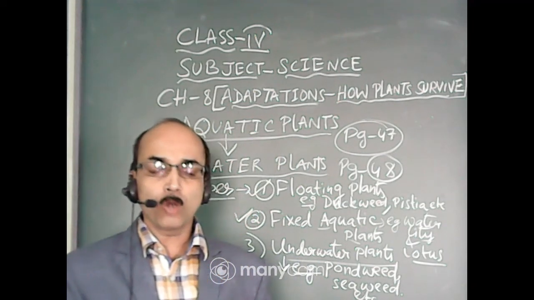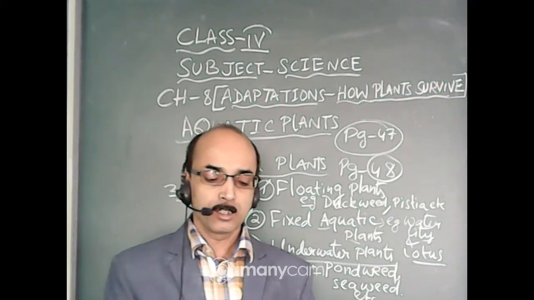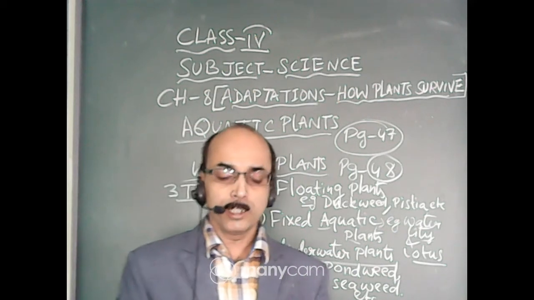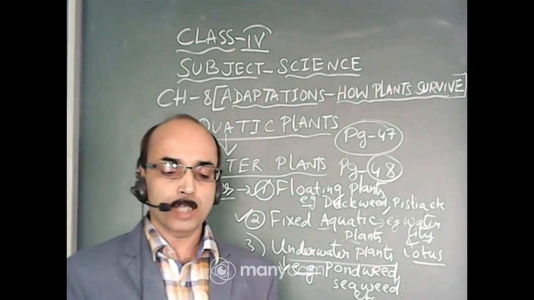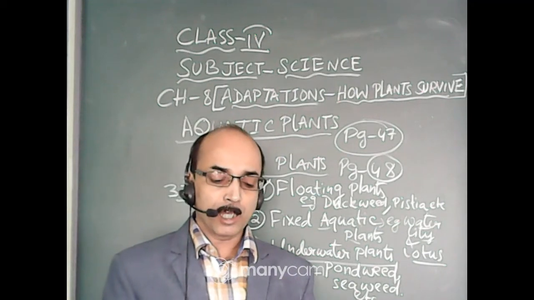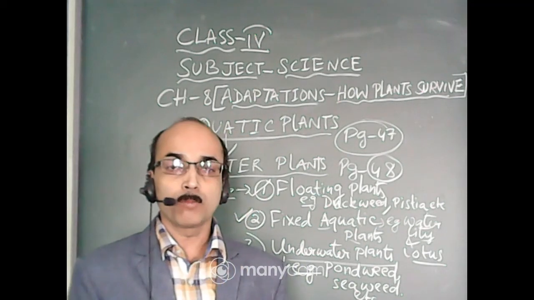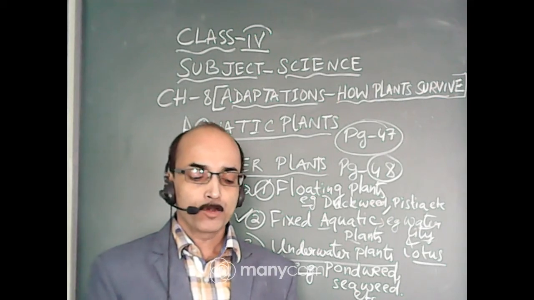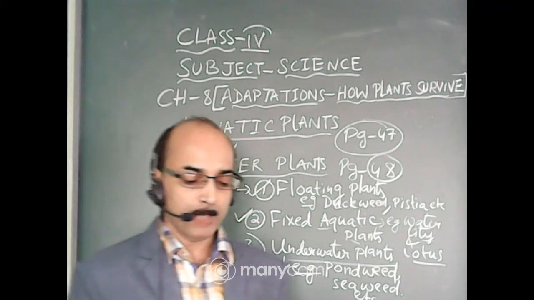Number one, they have long ribbon-like narrow leaves. Number two, their leaves arise in clusters from the roots and do not have any stomata. And number three, they breathe through their body surface. So these are the adaptations of underwater plants.